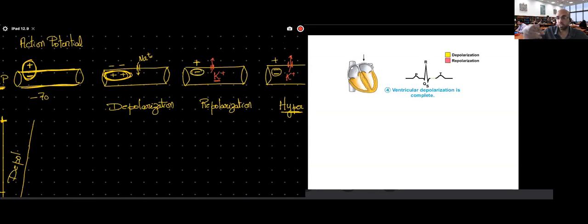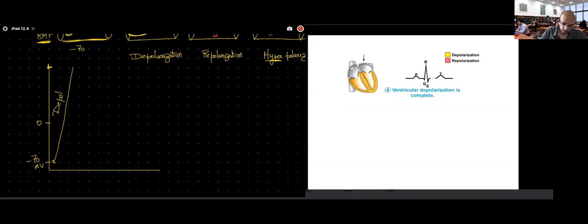When you leak potassium, when you get potassium out of the cell, you're going to become more negative or more positive? More negative. So you see here, you're going to become more negatively charged now. So you're going to be moving down until my resting membrane potential here. This is what we call my repolarization.